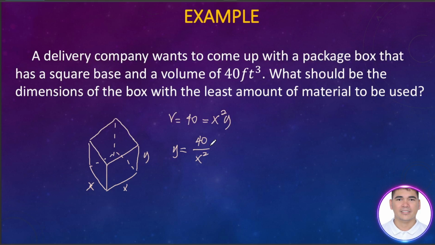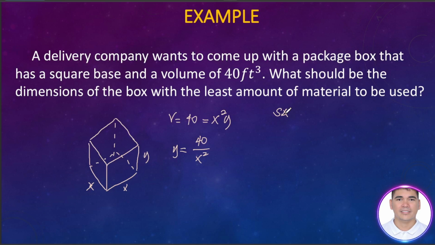According to the problem, we're going to minimize the amount of materials. This means that we want the surface area, or SA, of the box to be as small as possible.